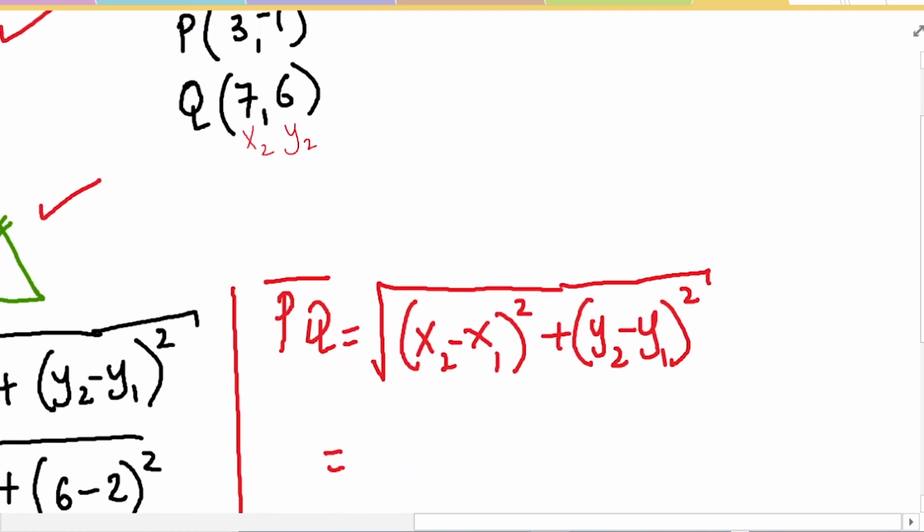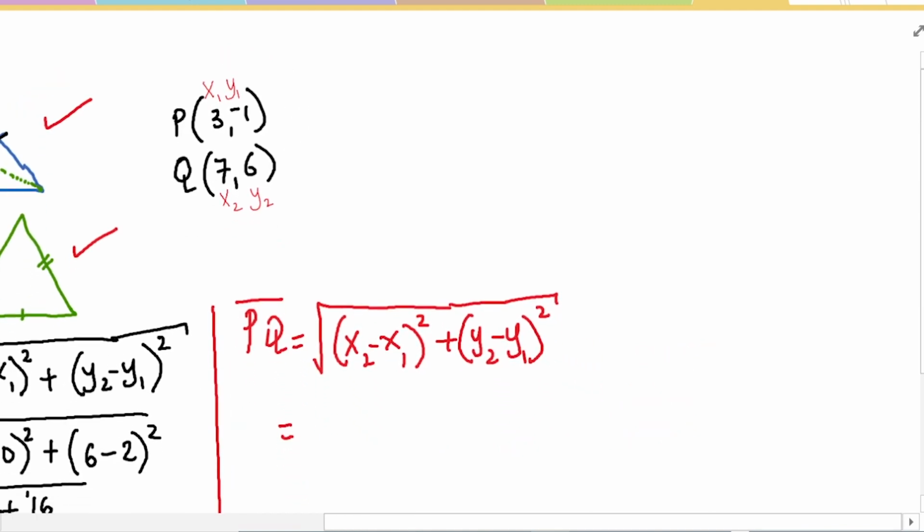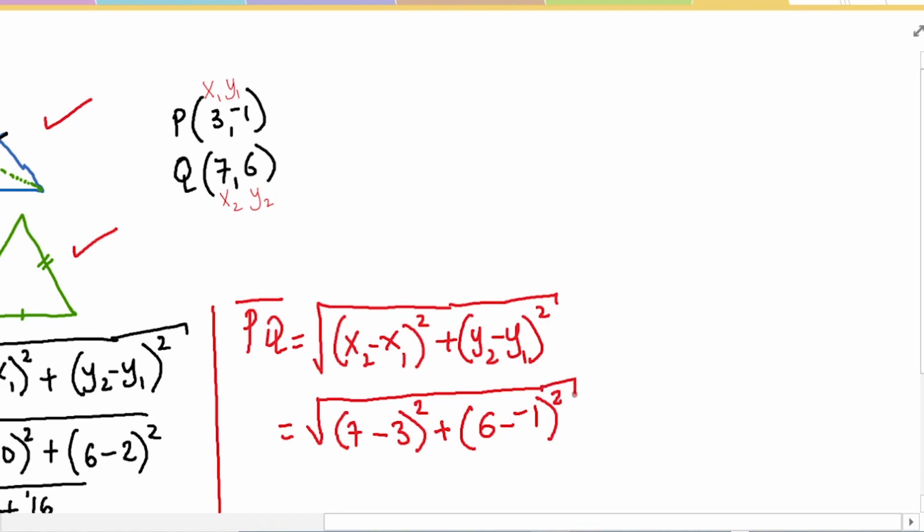So from there, we can go ahead and substitute it down here. It's going to become the square root of x2 minus x1, which is 7 minus 3, squared, plus y2, which is 6 minus negative 1, all squared.